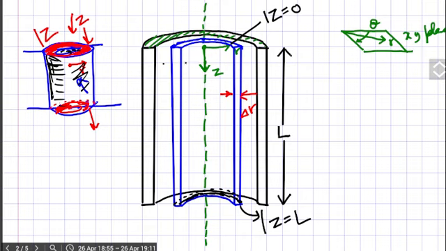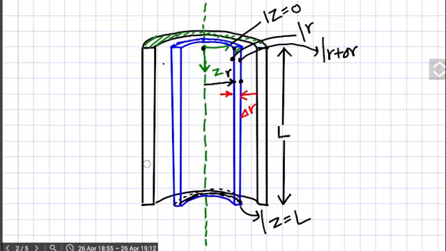Then comes another phase, which you will call R, and the outer surface area will be represented as R plus delta R, because you are traveling from R equal to 0, then here R, this distance we have taken as R, and when you are here it is R plus delta R, because the thickness of the cell is delta R.